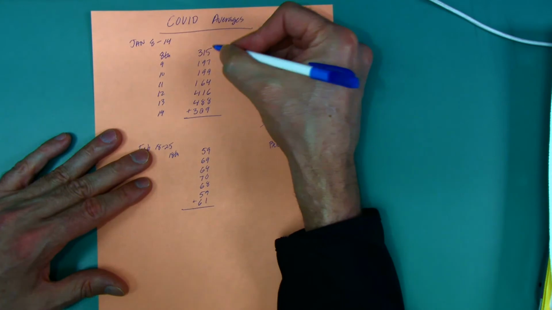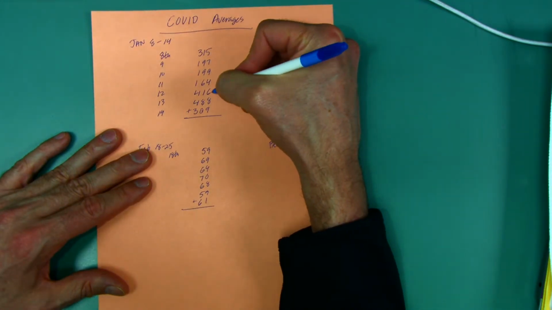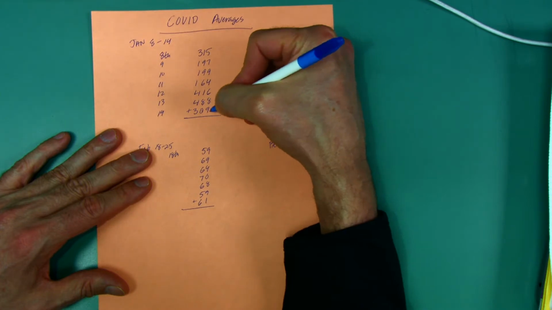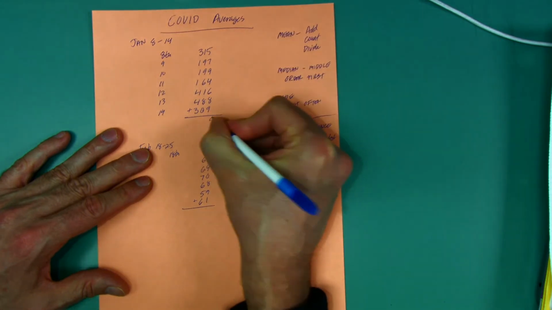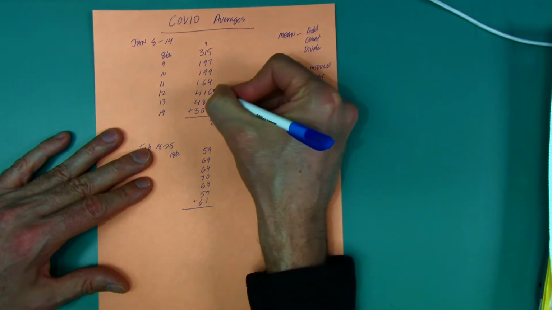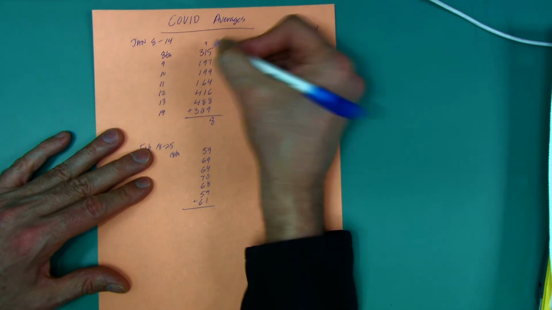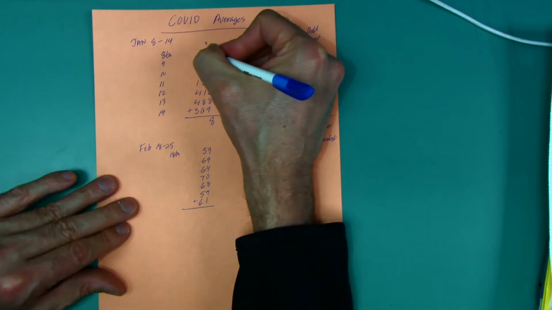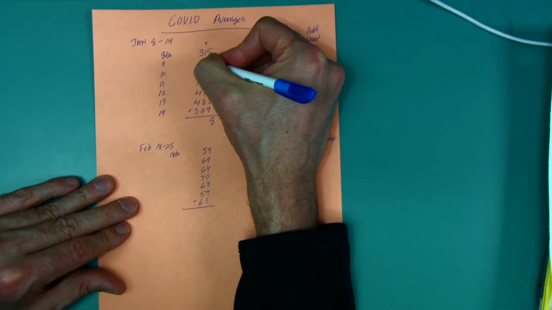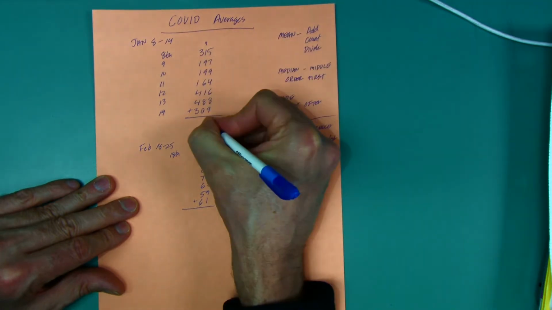I'm going with the ones place, right? 5 and 7 is 12, and 9, 21, 25, 31, 39, 48. I'm going to carry that 4. I like to double check: 17, 23, 27, 36, 43, 48. Good. Now 4, 5, 14, 23, 29, 30, 38.